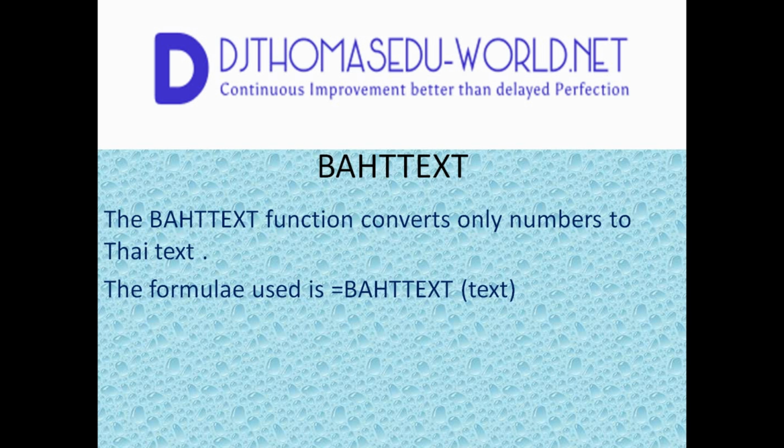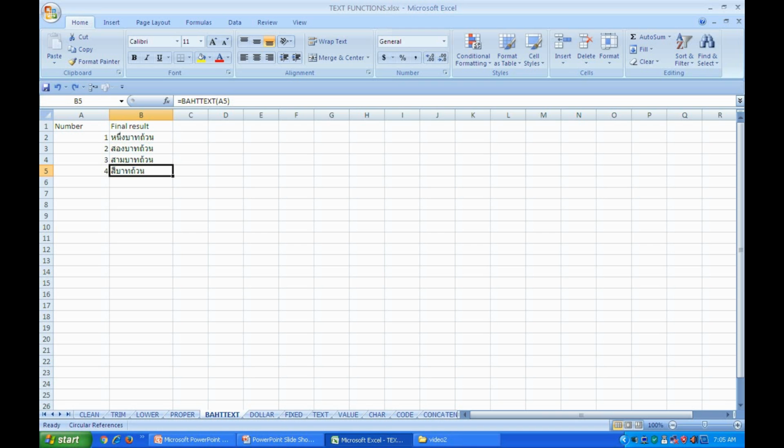Moving on to BAHTTEXT. The BAHTTEXT function converts only numbers to Thai text. The formula used is BAHTTEXT and select the text which you want to convert to Thai text. Let's see in Excel. I have typed numbers 1 to 4.